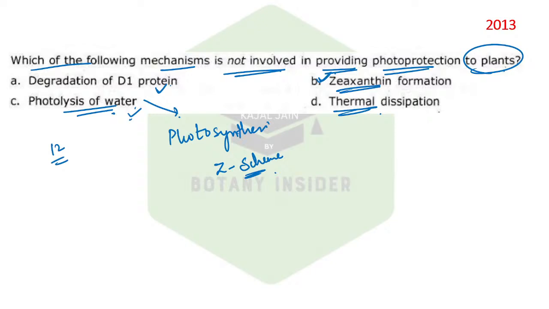So C, photolysis of water, is not a mechanism of photoprotection. Except for this, the degradation of the D1 protein or the zeaxanthin formation or thermal dissipation, all of these provide protection. But photolysis of water is nowhere related to photoprotection. Rather, it plays a role in photosynthesis. C is the correct answer for this question.